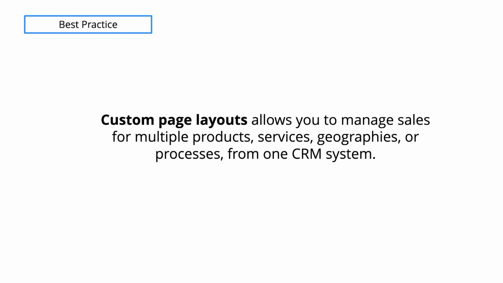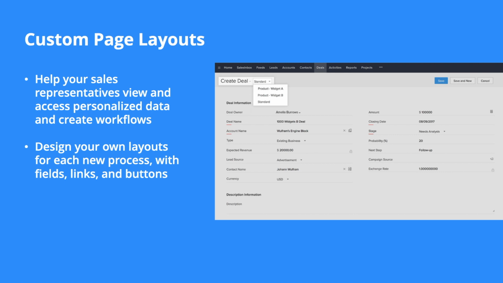So if you're a product company, but you also have the services side, you have an option of creating custom page layouts so that you can capture the information relevant to each of those aspects of your business. So there's a quick view of how that looks when you're going into a record. If you've gone into the module customization, you have the option there to toggle in between each of the page layouts that will capture the information you need.